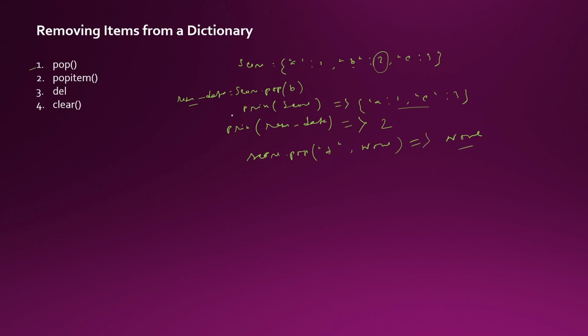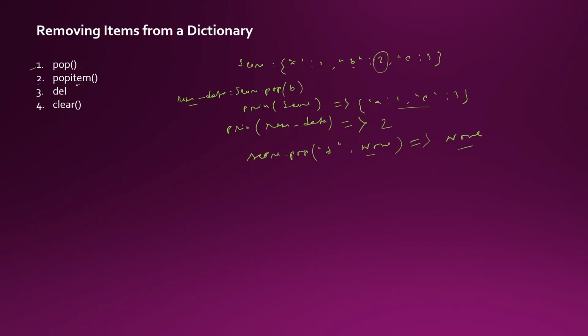So pop is useful whenever you want to hold your removed value for your project requirement, and also when you want to pass a default value when the key is not there at the time of removing.